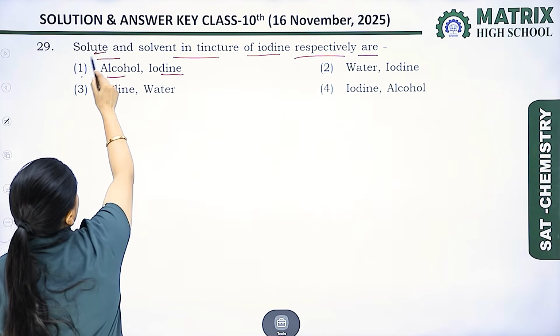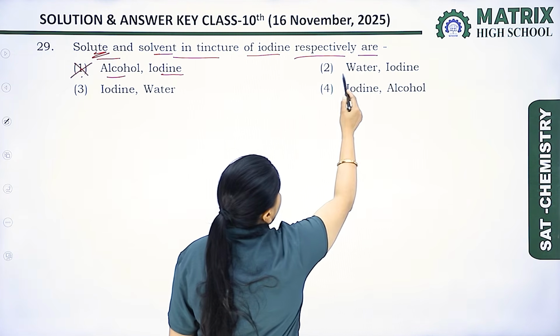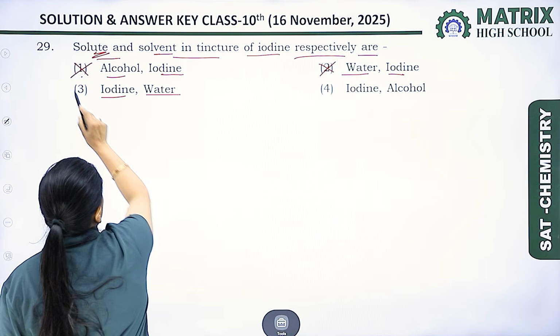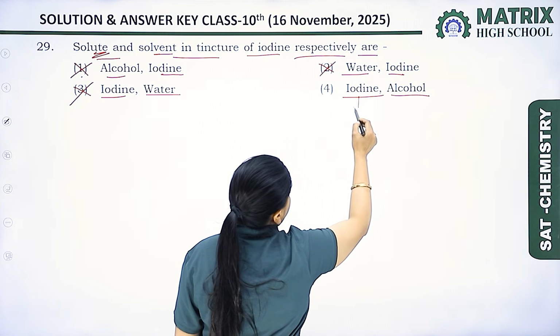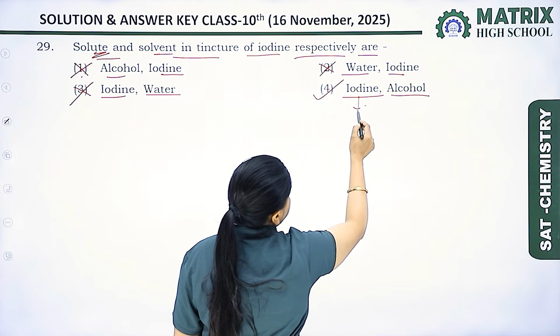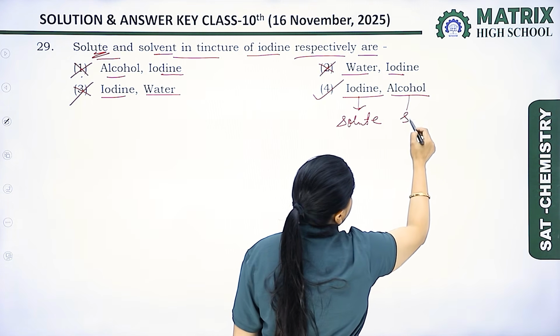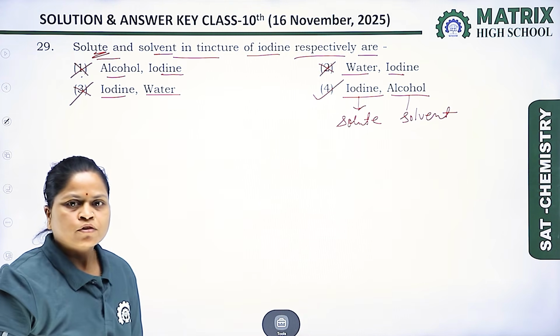We have to choose solute then solvent, so it is wrong. Second, water, iodine, it is wrong. Third, iodine, water, it is again wrong. Fourth, iodine, alcohol, yes, this is correct, as iodine is the solute and alcohol is the solvent. So the correct option is option 4.